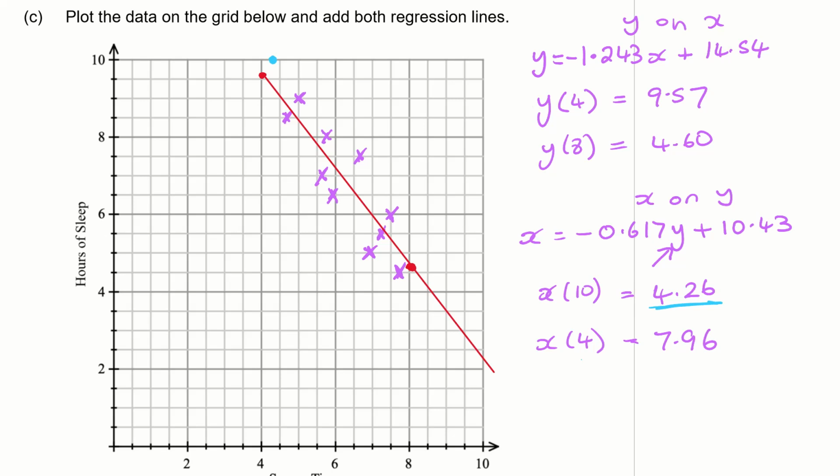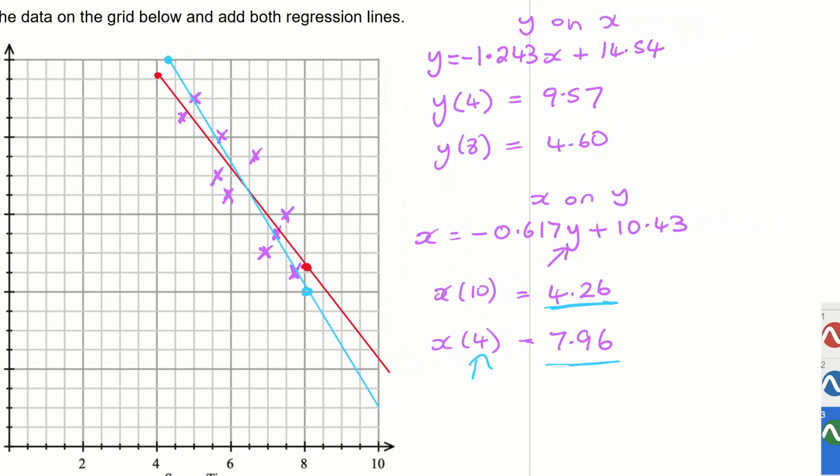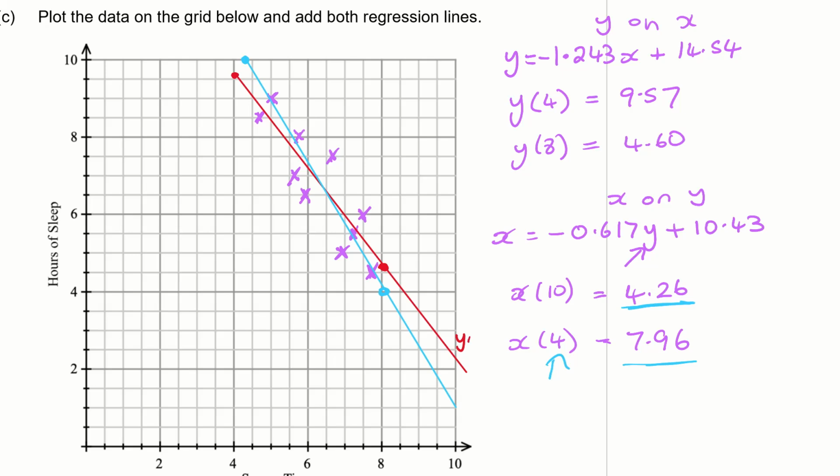And then this one is when y is 4, and x would be 8, basically. So that is there. And then we want a straight line that goes through those two like so. So the red one is y on x, and the blue one is x on y.